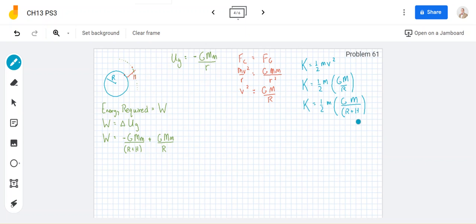So now they're saying, at what height does this equal this? If I simplify this and set it equal to this, I should be able to solve for h. So let's set them equal to each other and see what happens.